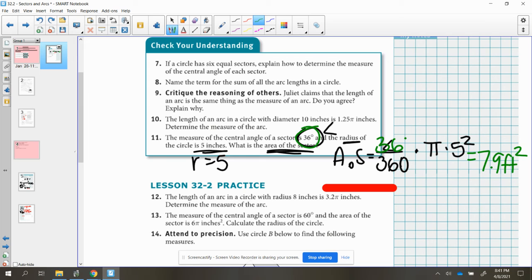And then if we want to find the arc length of this particular one, it didn't ask for it, but just to have some practice with it, the arc length this time is going to be found by taking, again, the angle measure over 360 times 2 times pi times the radius. Okay? Now this time, again, our radius is 5, and that angle measure was 36.